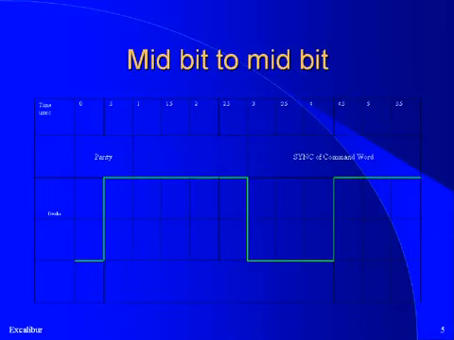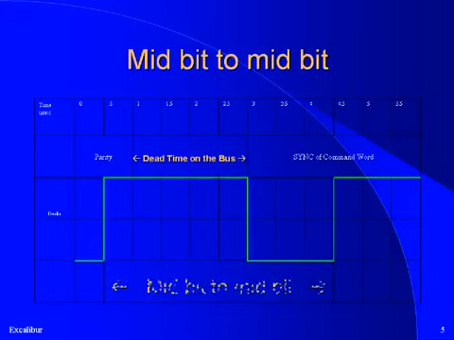There is often confusion when measuring timing in 1553. This is partly because the terminology changed between Rev A and Rev B of the spec. Rev A measured dead time on the bus, whereas Rev B measures mid-bit to mid-bit. 2 microseconds of dead time are equal to 4 microseconds of mid-bit to mid-bit.